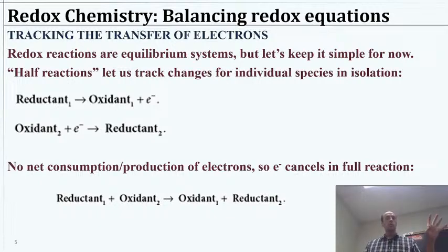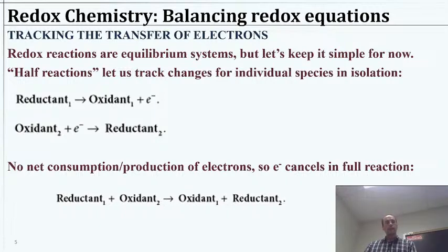This approach is what lets us get the information we need for that type of system. Lots of biological systems as well. Photosynthesis or even just respiration are all going to be redox reactions occurring within them.